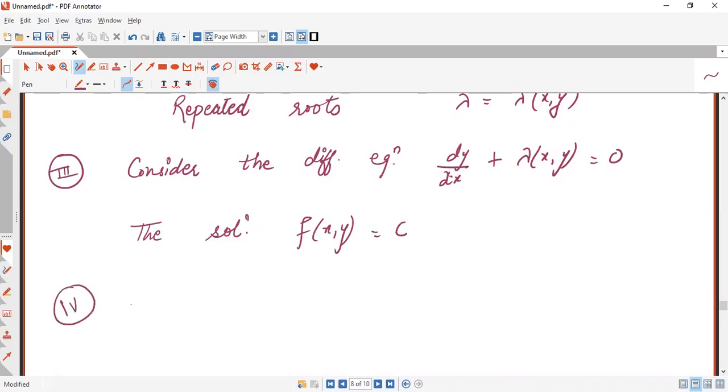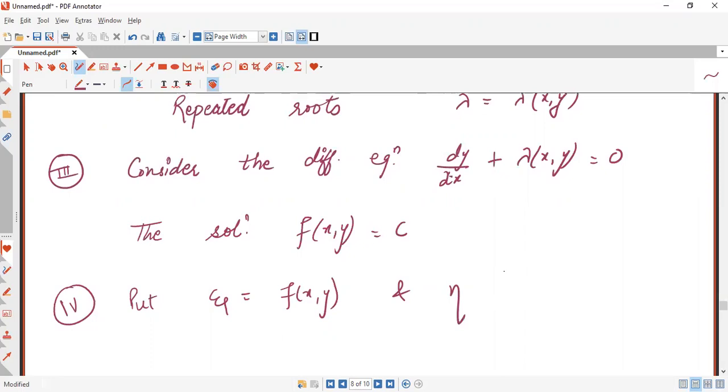So put xi as the function of x, y and eta as the function of x or y, anyone, because in the previous one, the hyperbolic region, s square minus 4rt was greater than 0, so we had distinct roots, and for that we found two solutions where we put both the solutions as xi and eta. Correct?